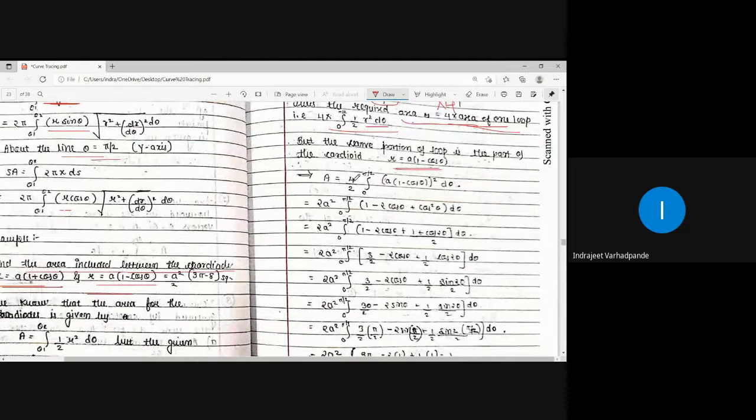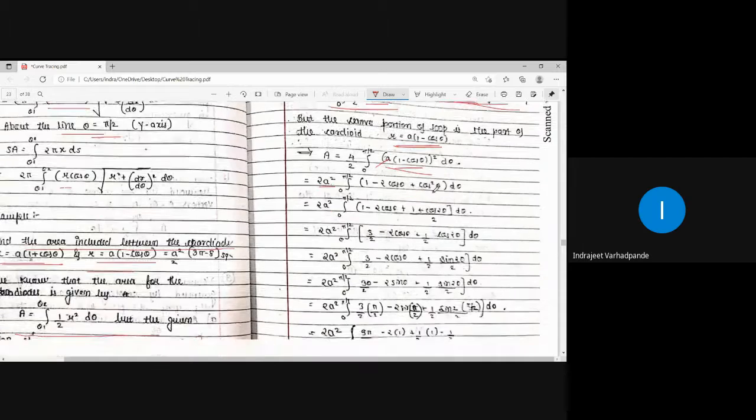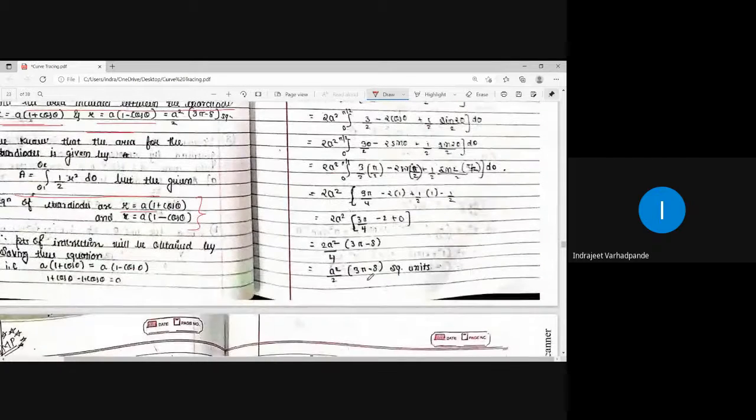So area is 4 multiplied by integral 0 to pi by 2 half a into 1 minus cos theta whole square d theta. 4 by 2 is 2, a square is outside, expand 1 minus cos theta whole square, do the simplification, get the answer. Whatever is the area, that comes out to be a square by 2, 3 pi minus 8 square units.